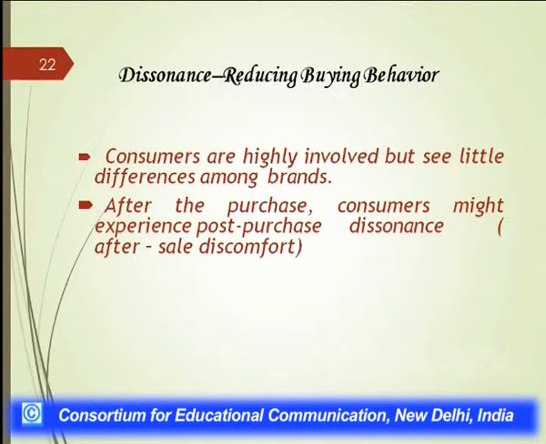As has already been stated, in the entire purchase decision process, consumers do exhibit a high level of dissonance once the purchase has been made. The consumers are highly involved in this case, but they fail to see significant differences amongst the brands. Therefore, after the purchase, they usually experience a sales discomfort or a purchase discomfort.